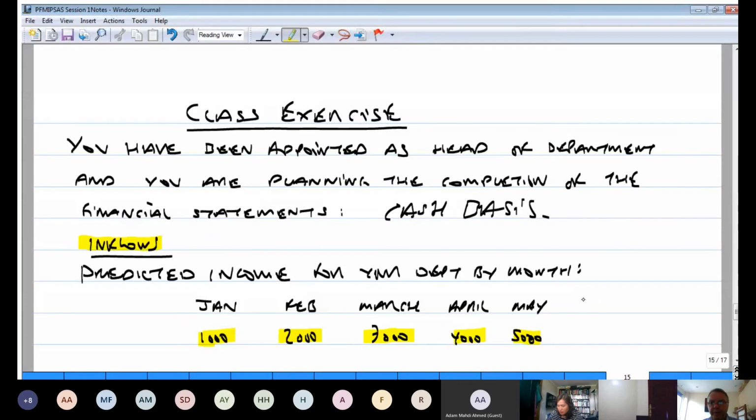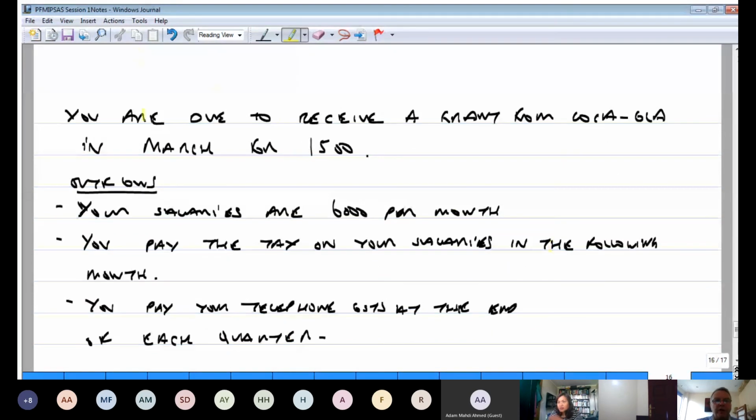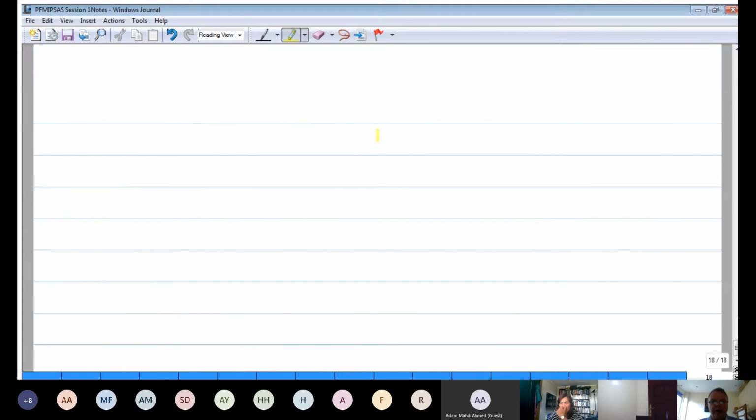Then the next inflow is a grant from Coca-Cola, in March for 1,500. So we've now got two lots of inflow. Remember, we are using the cash system, so we plot these items based on when we're going to receive the cash.